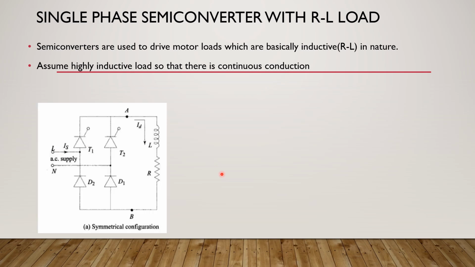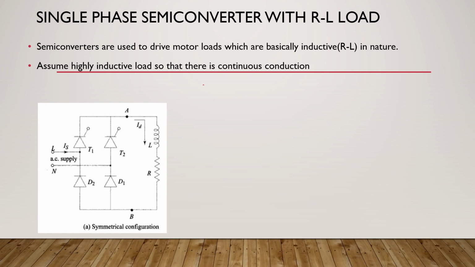What is the difference? The circuit diagram remains the same, but now we have an inductance along with the resistance for the symmetrical configuration. Now, how does it work? What is the basic difference when we have an inductive load? Let us try to understand this.